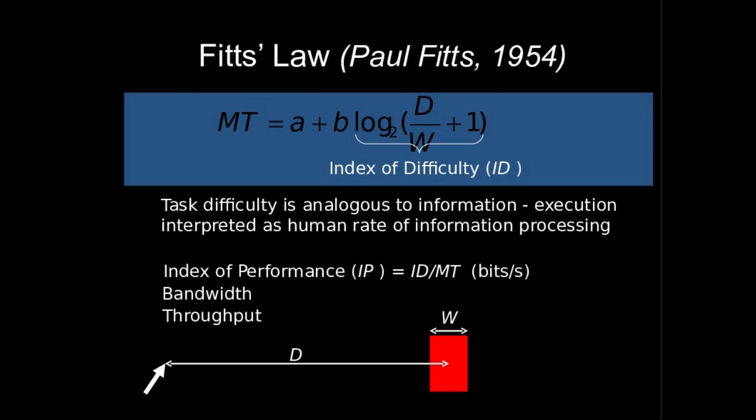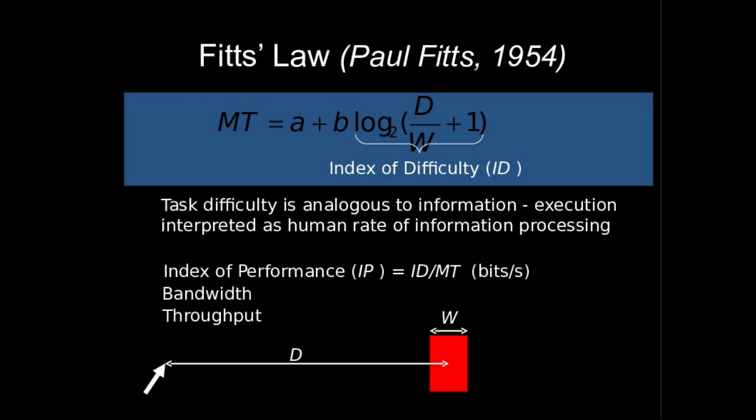There was a time when information theory was getting famous due to Shannon. So this equation can also be considered analogous to information. Human interaction can be considered as how fast we can process information, even in reaching using the motor systems and everything together.